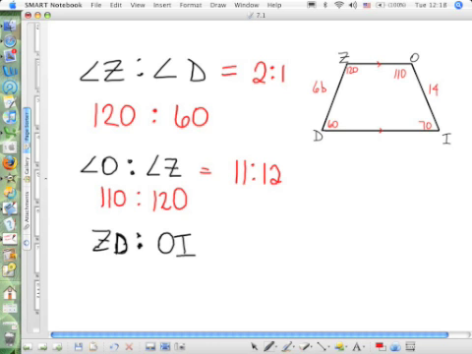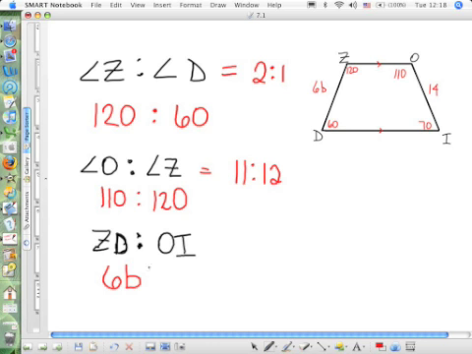ZD is the length of a line segment joining point Z and point D, and it's 6B.